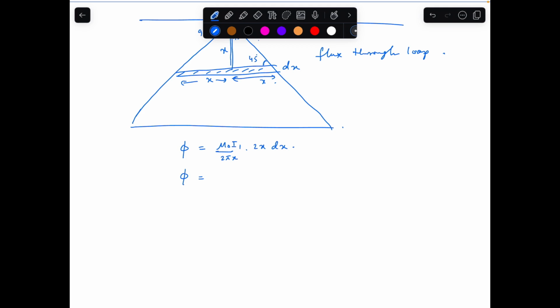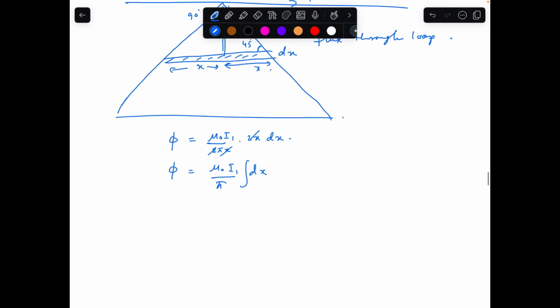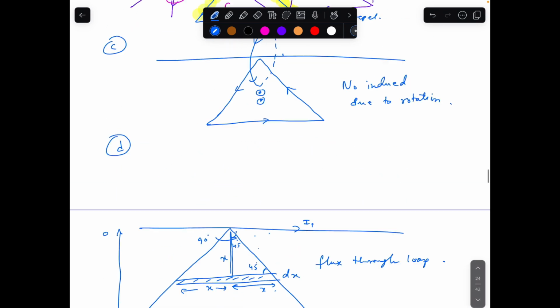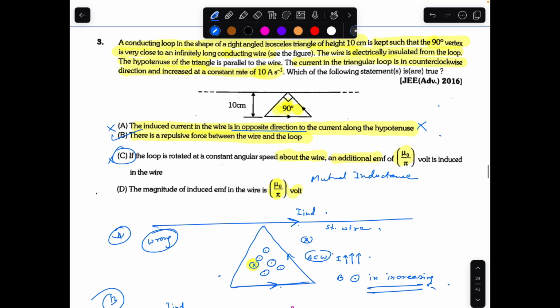So phi equal to mu naught I1, and here the 2x cancel, by pi into dx. From where to where? x is running from 0 to 0.1 meter, because I think it's 10 centimeters.